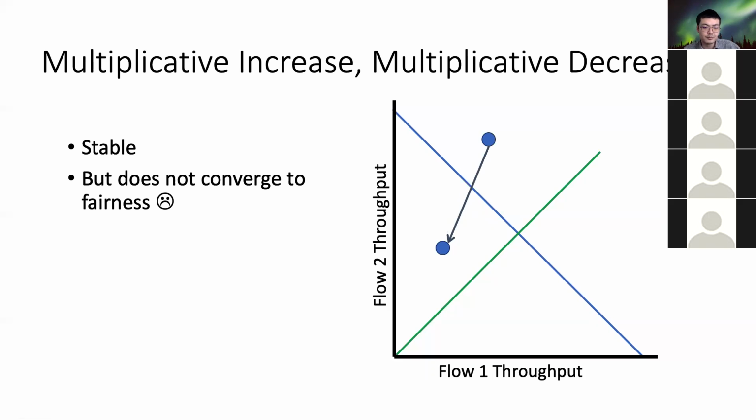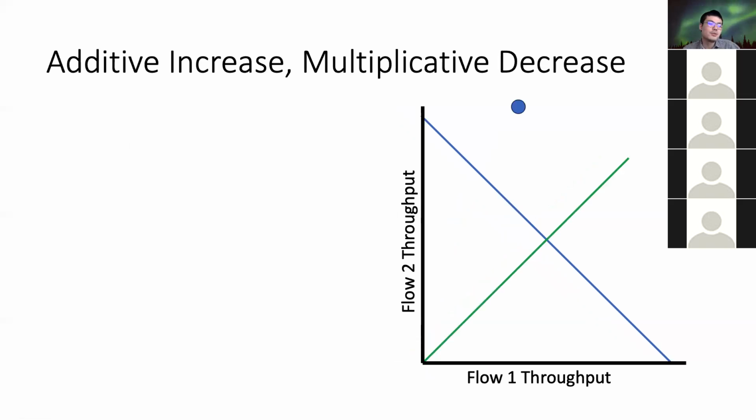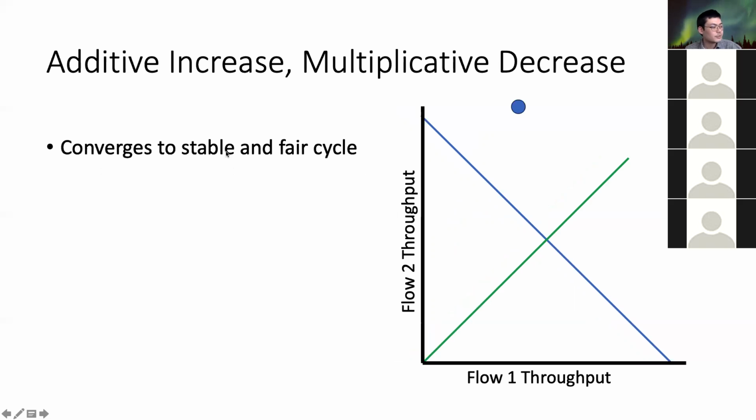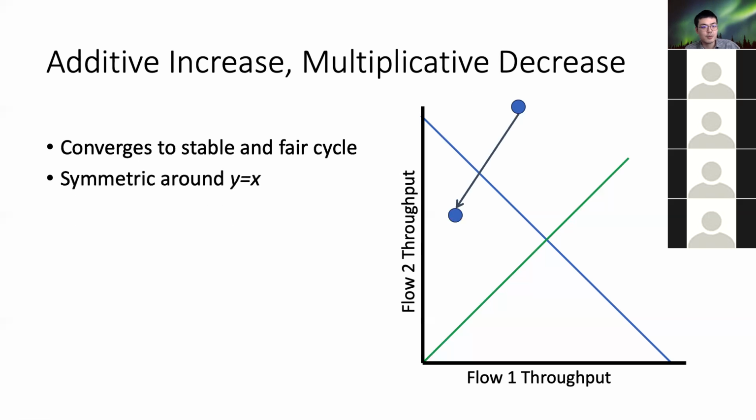Right? So the true solution that's used by TCP, the best way, is called additive increase and multiplicative decrease. So what it means is this. Right? So you want to converge to stable and fair. Right, so what you do is this. If you find congestion, right? For example, you find you are sending with this bandwidth on flow 1, this bandwidth on flow 2.